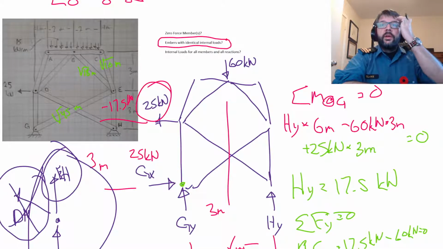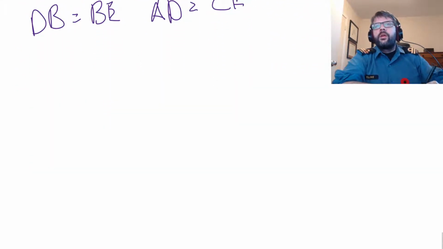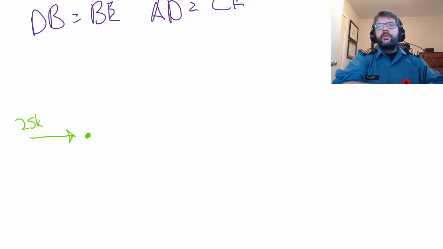So let's have a look at what's going on with G. So at joint G, we've got the reaction force, 25 kilonewtons. We've got the other component of the reaction force, that was 87.5 kilonewtons, I think.